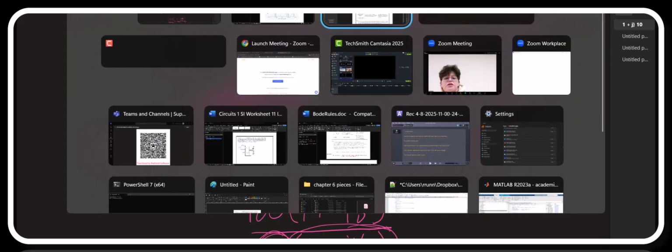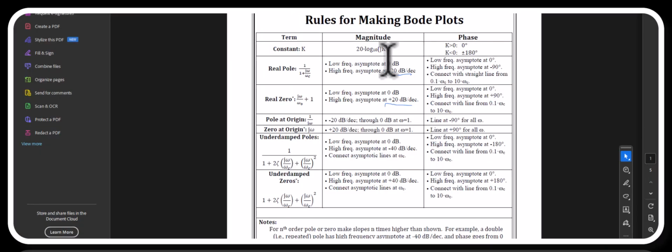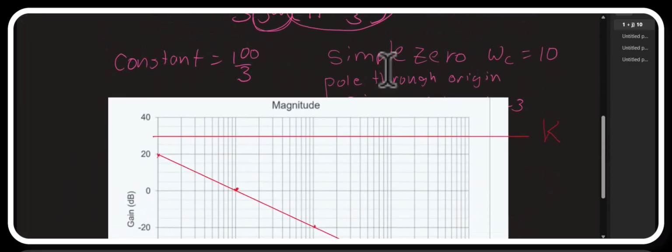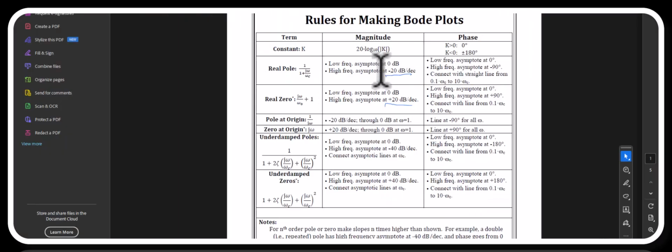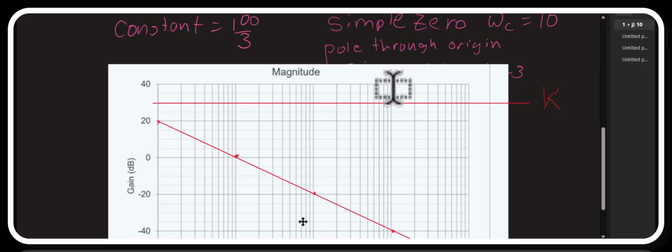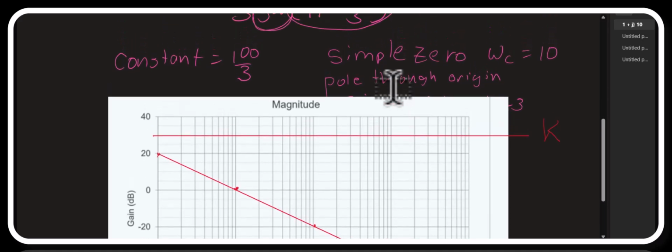It says the low frequency approximation is 0, and the high frequency approximation is, are we doing a pole or zero? I don't remember. A zero. The high frequency approximation is at 20 decibels per decade. That's the slope part. So the low frequency is at 0 until you get to the corner frequency, and then you have a slope of 20.